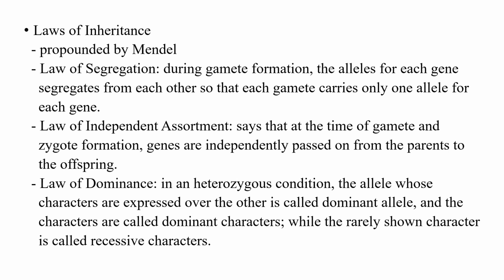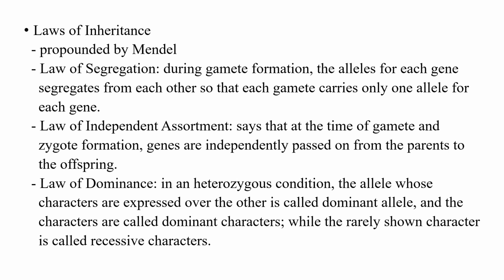So the next one we have is the laws of inheritance. The laws of inheritance were propounded by Gregor Mendel, one of the frontliners in genetics. Mendel carried out a study on peas, green peas, and Drosophila, trying to find out how characteristics are passed from one generation to the other, and thereafter he came up with 3 laws of inheritance.